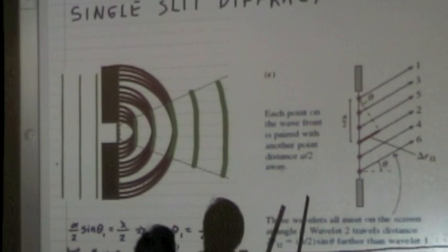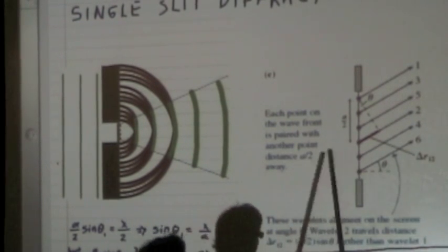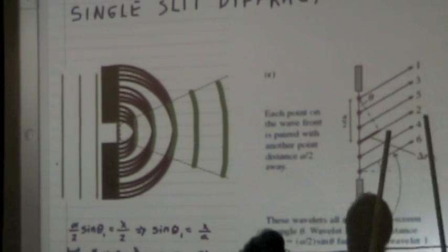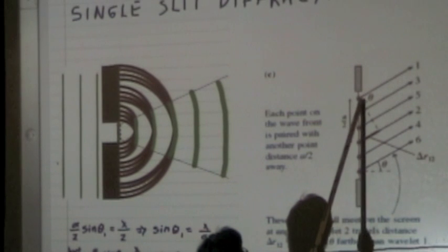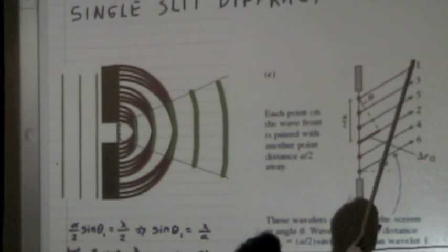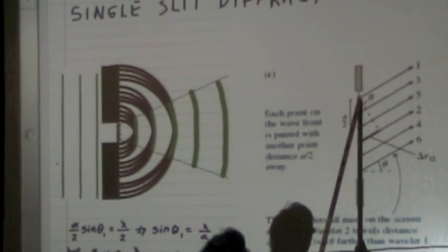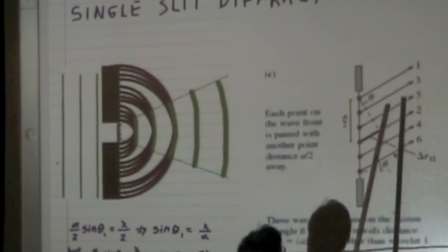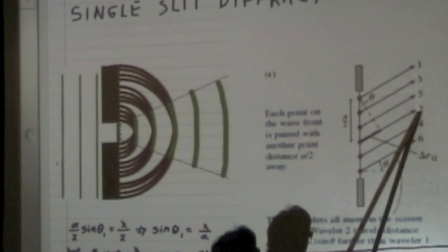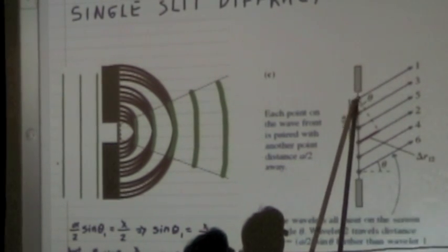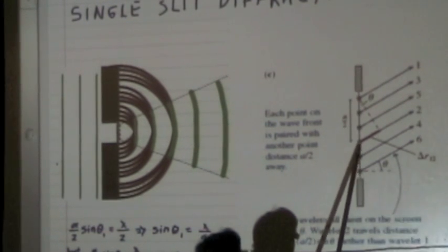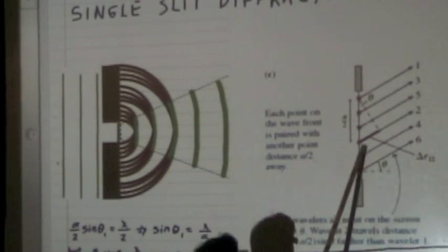So if you do that, you will notice that your screen is going to be far away, right? So if it happened that at the point where you are, far away over there on the screen, at that point the distance traveled by this wave and the distance traveled by this wave, this one is the first of the top half, this one is the first of the bottom half.